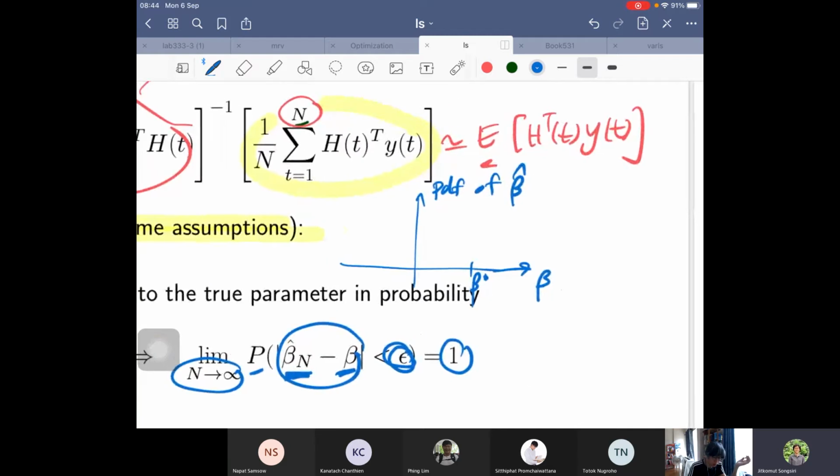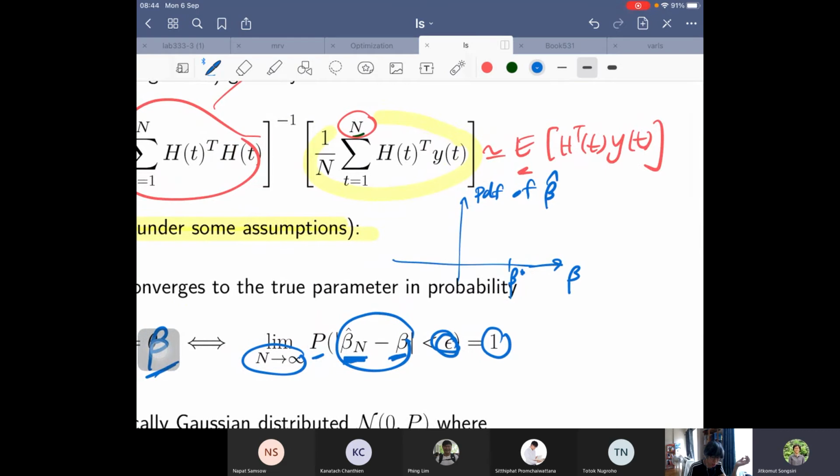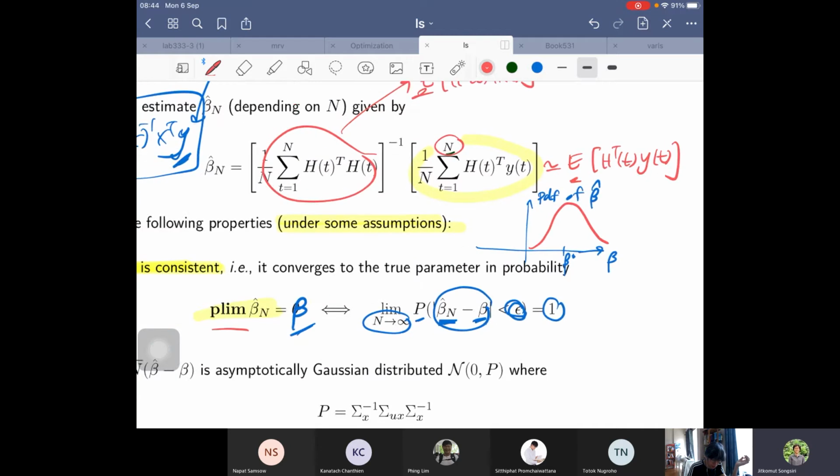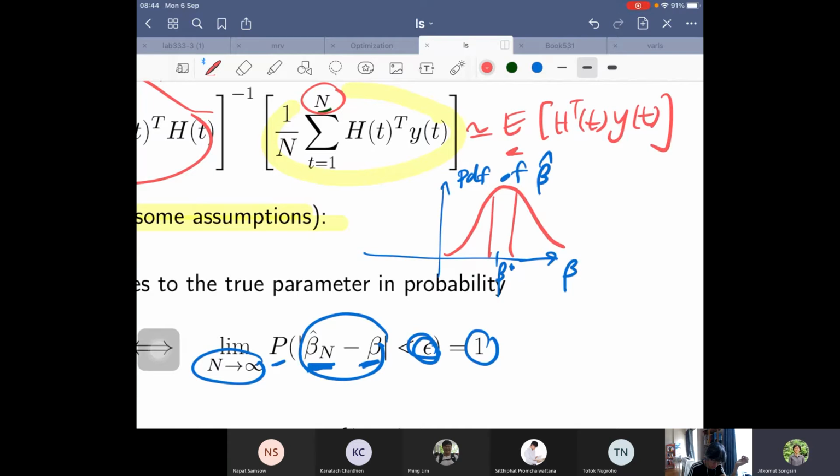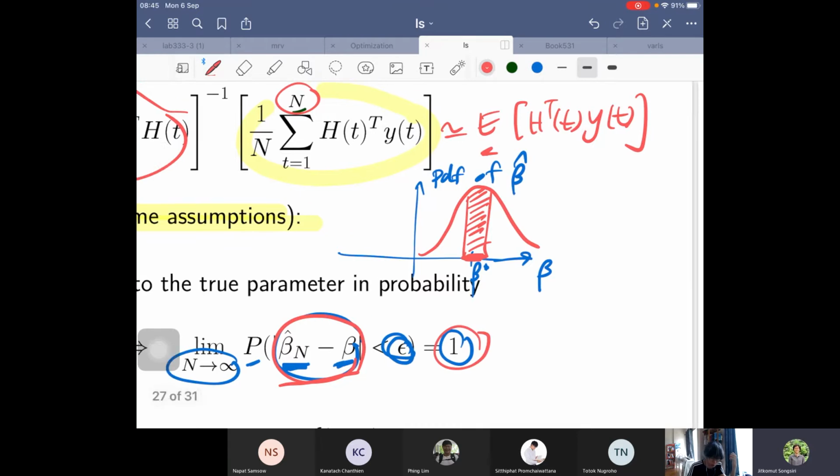If we take a look at the PDF, the probability density function of beta hat, it's going to look like something. If beta hat is consistent, it means the probability that your beta hat lies near the true parameter, which is the area under the PDF, must be close to 1 when n is big enough.